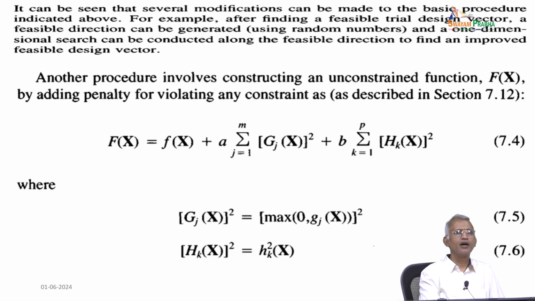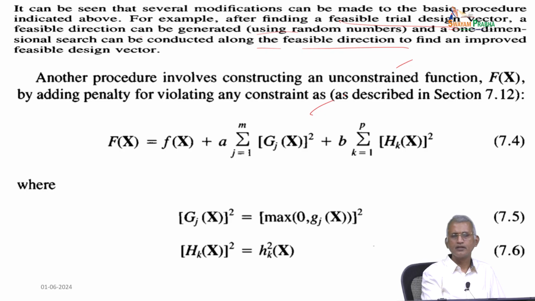For example, after finding a feasible trial design vector, a feasible direction can be generated, and a one-dimensional search can be conducted along the feasible direction to find an improved feasible design vector.